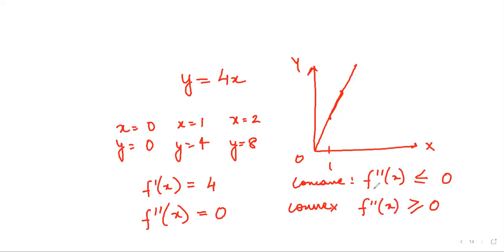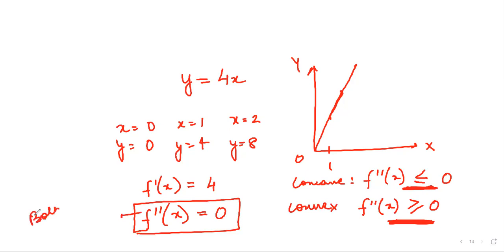So this has its double differentiation equal to 0. So a line is both concave and convex, but neither strictly concave nor strictly convex. It's just concave and convex. Okay, thank you.